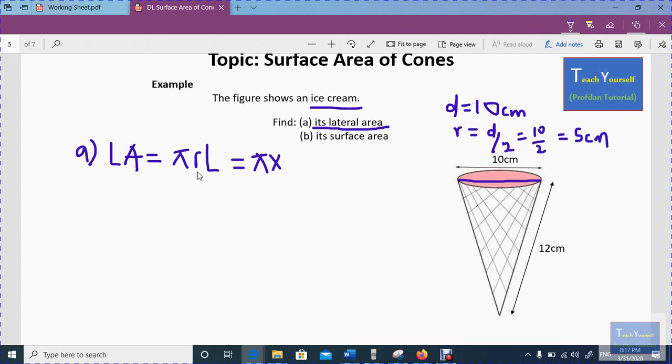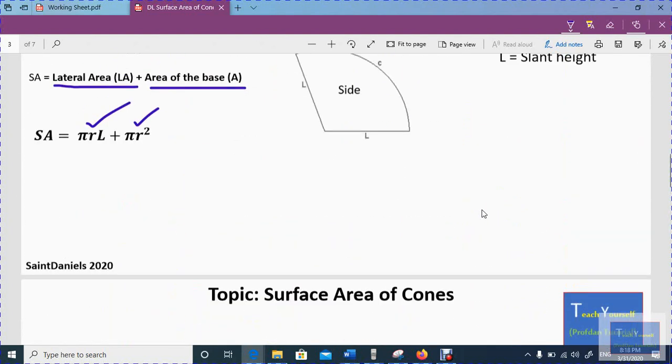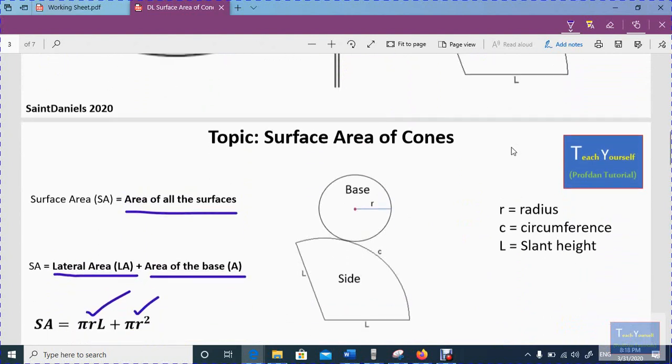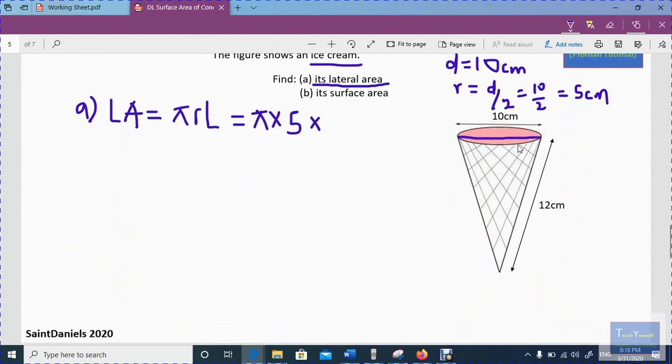Substitute the right value. So this gives pi times 5, not 10, times the slant length of the cone. Remember, we have the slant length of the cone, which is given as 12 centimeters.